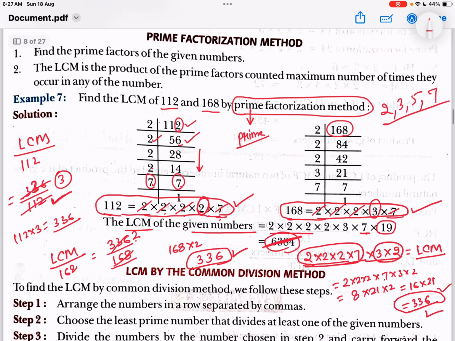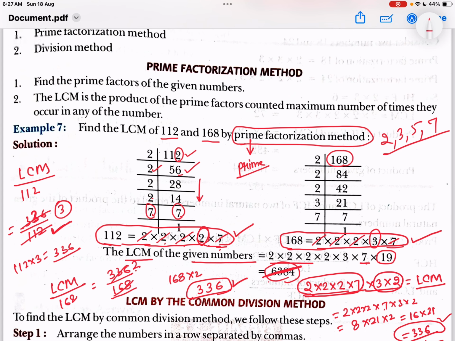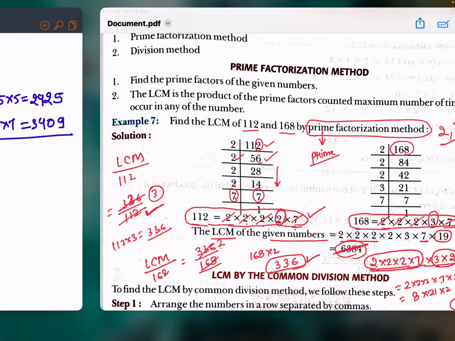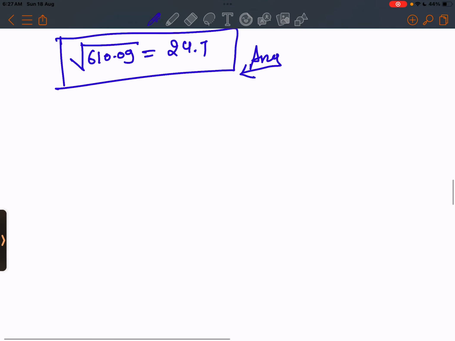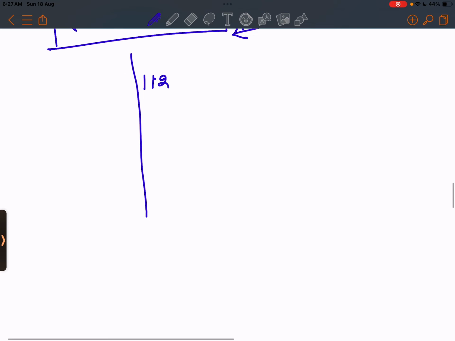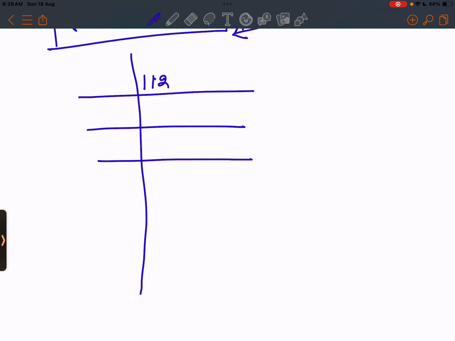Okay, so now how to get the prime factorization, just see here. 112. If we have to divide 112 by 2, in what fashion will we divide? 2 fives are 10, remainder is 1, 2 sixes are 12, remainder is 0.